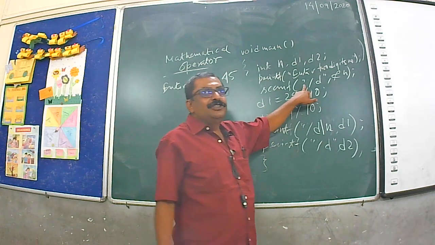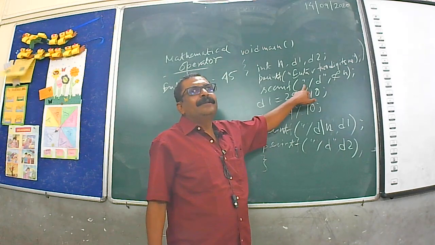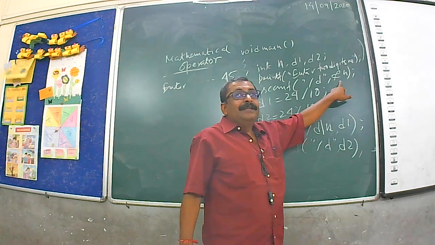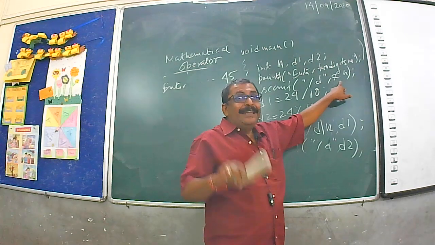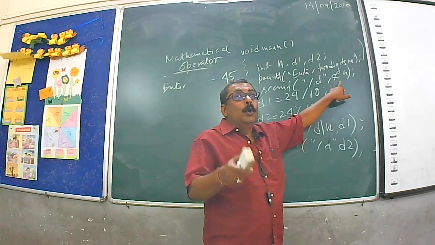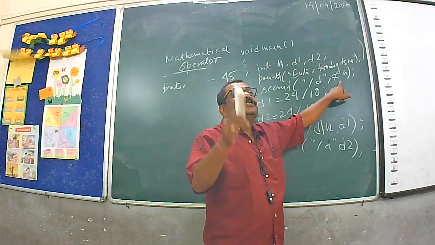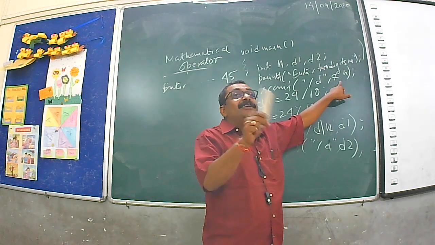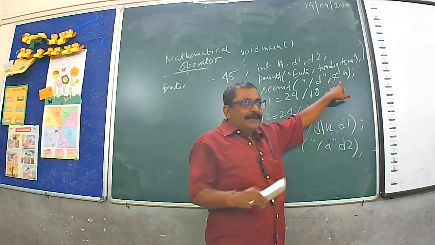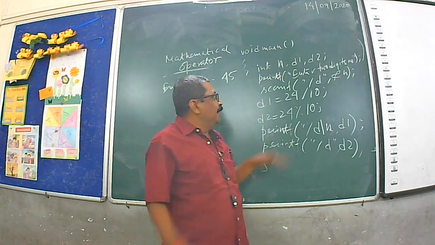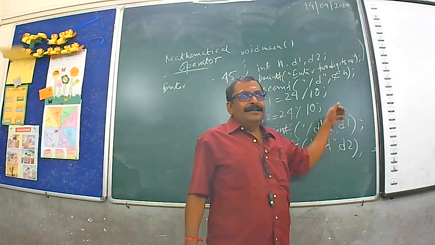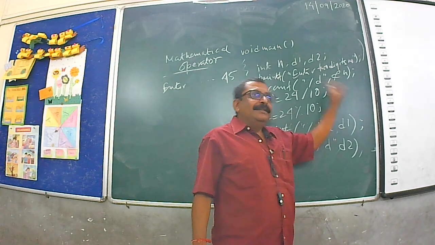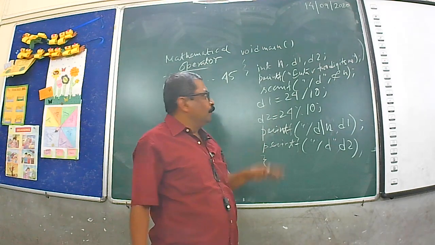So, %d indicates the integer type of data, and &n means the value the user has entered is stored into the address of n. It is very difficult to understand at the moment what address means. I am coming to that later. At the moment, just remember that when the user enters the value, it is stored into the address of the variable n, that is, supposed to be n is equal to 24.